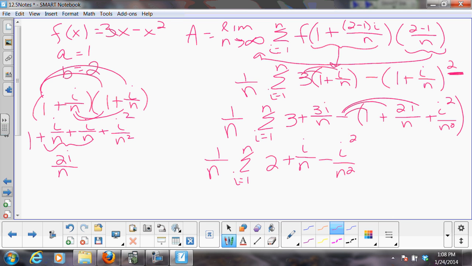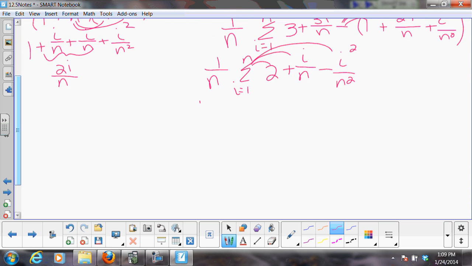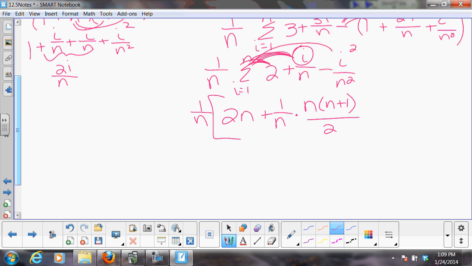Okay, now here's where we're actually changing the summation numbers to actual n's. So I'm doing the summation of each of these. The summation of a regular value, when you change it to n's, just becomes 2n. So this summation here, just 2n. When I do this one, I'm changing my i term. So I kind of factor out 1 over n, and then I change my i, which is n plus 1 all over 2.